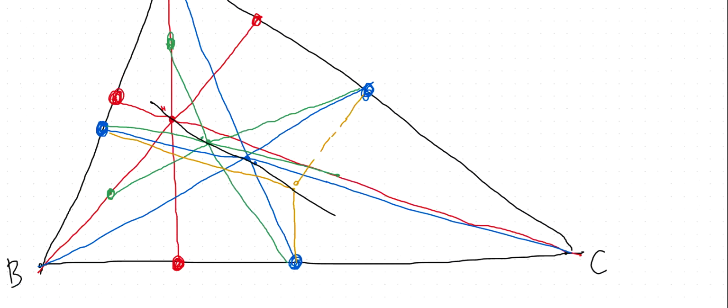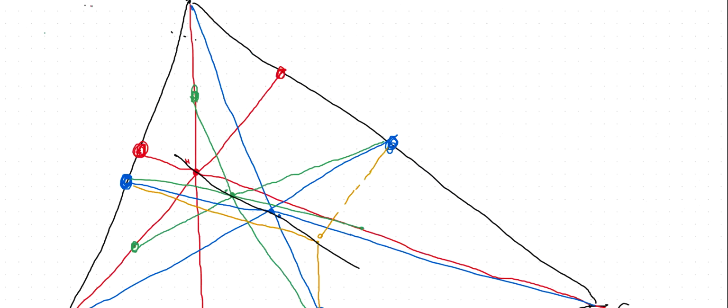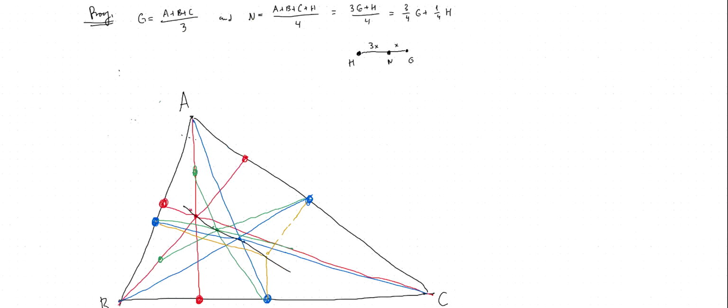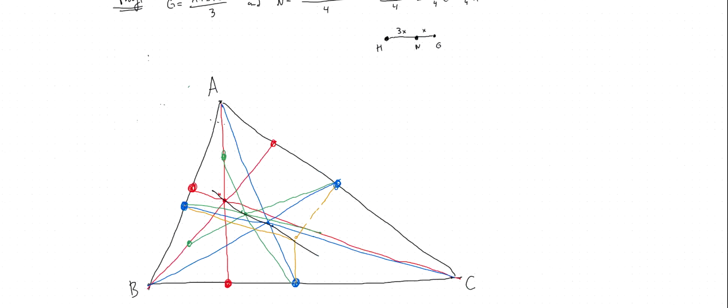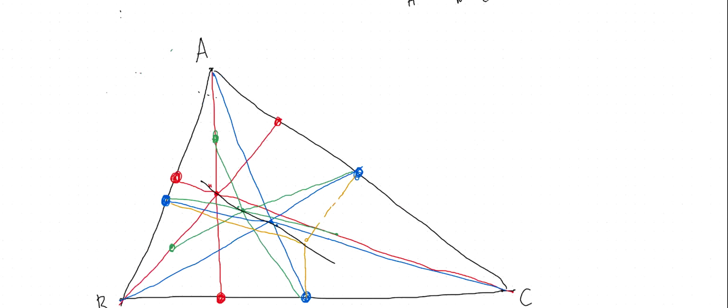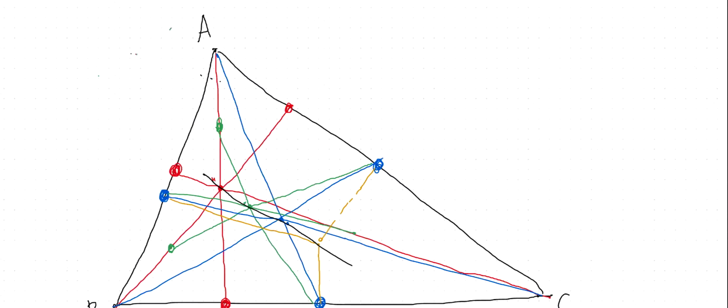One good way to prove it is this. Consider these green points and do homothety. You know the basic notion of homothety, right? Yeah, we do. Do homothety from H with ratio 2.